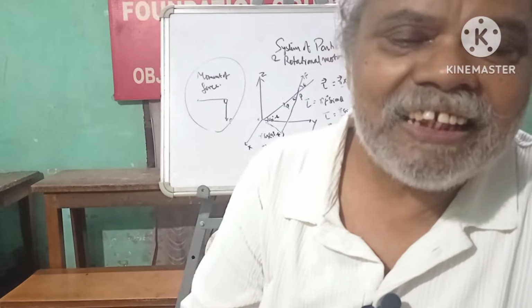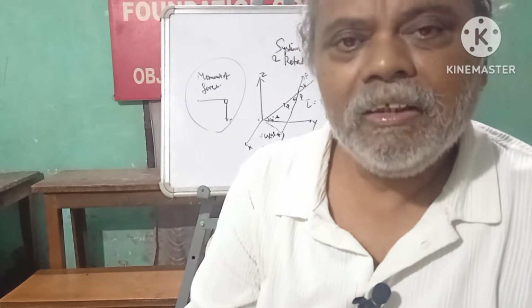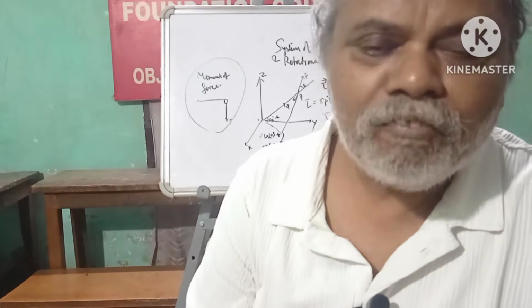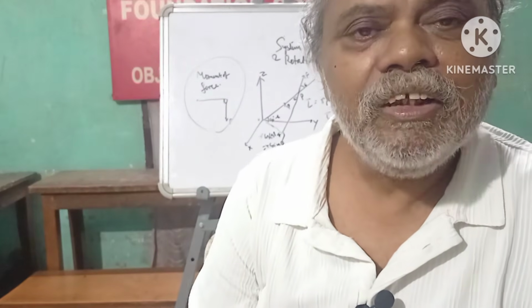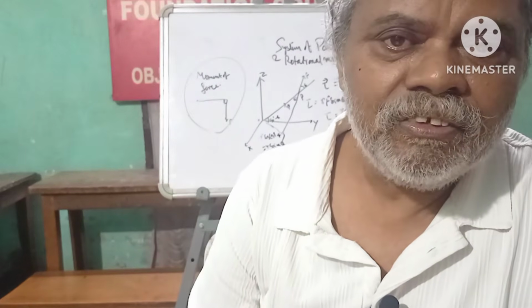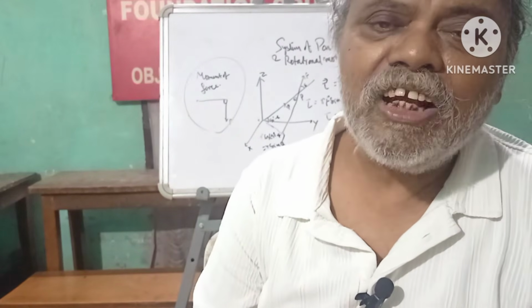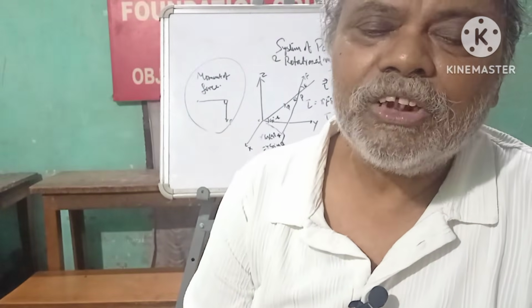And why have I selected torque? Because of torque there is work done, and when there is work done, there is a power calculation. That means there is energy. So in rotational motion, torque plays a major role, like force in linear motion.